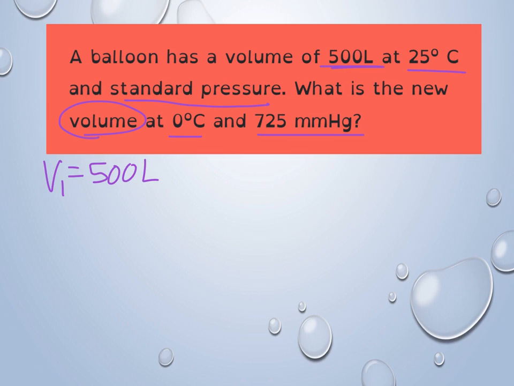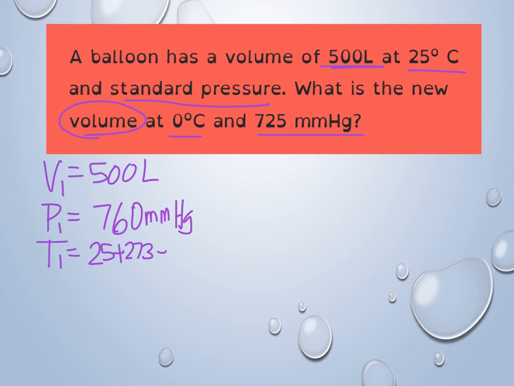We have standard pressure, and they give me millimeters of mercury, so this is going to be 760 millimeters of mercury. I have a temperature at 25 Celsius, and so I have to add my 273 to that, and I'll get 298 Kelvin. I have a V2, which is what I'm looking for.